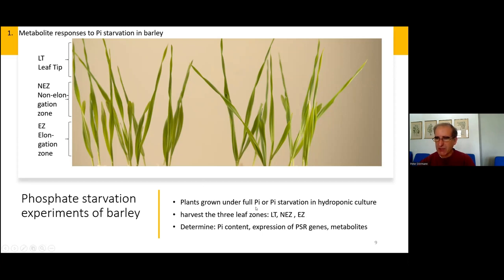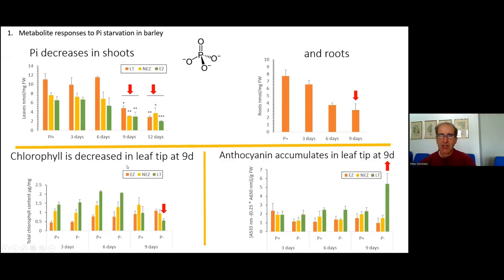We grow the plants in hydroponic medium with or without phosphate. We then do a time course after initiation of phosphate starvation and measure different parameters. This is looking at plus phosphate and then the phosphate starvation response, plants taken to phosphate starvation, in the shoots and roots.